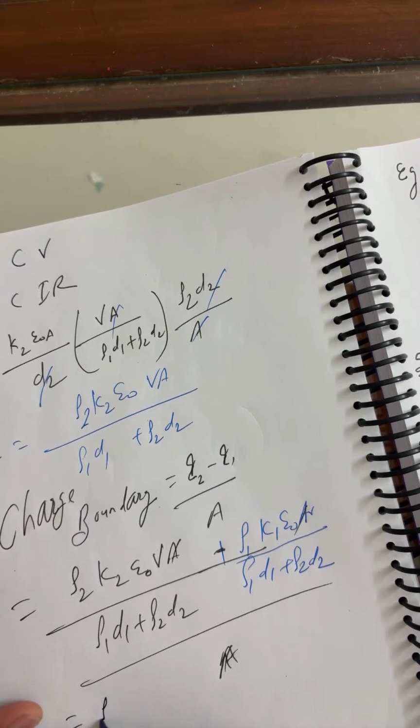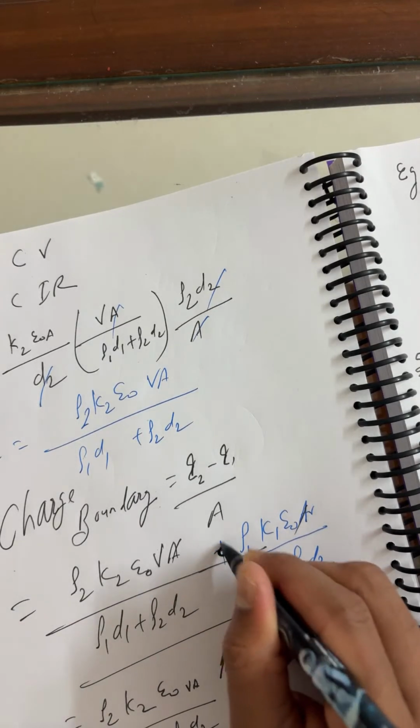What you can see: rho 2 K2 epsilon naught, and this is VA. So A, beta, A cancels. So this is VA upon beta rho 1 D1 plus rho 2 D2.